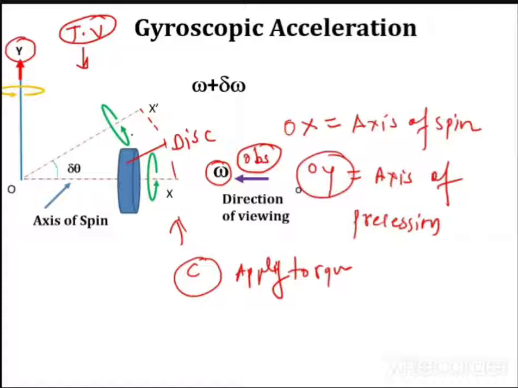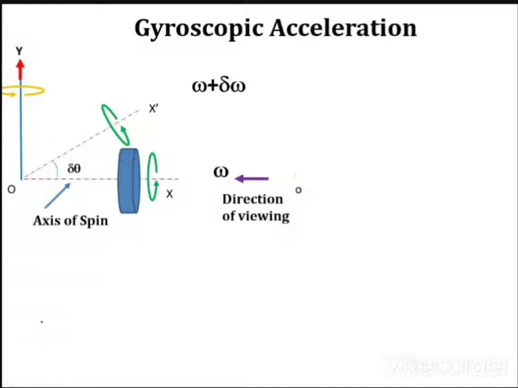The axis about which the axis of spin turns when the torque is applied. The angular velocity of the axis of spin when it is turning about OY is called omega p. So omega is the angular velocity of spinning, and omega p is the angular velocity of precession, right?